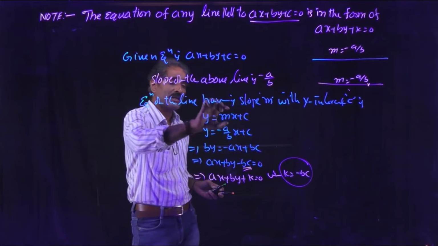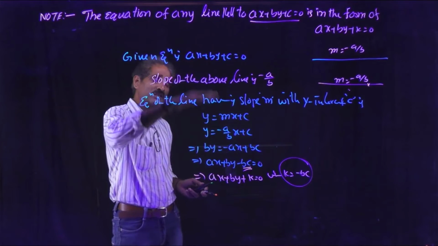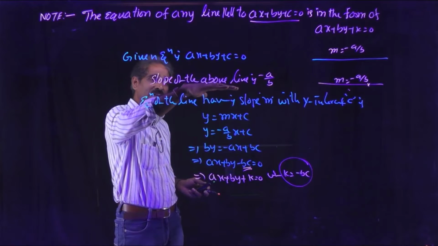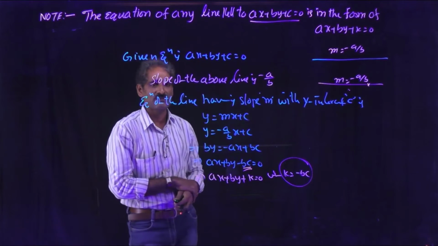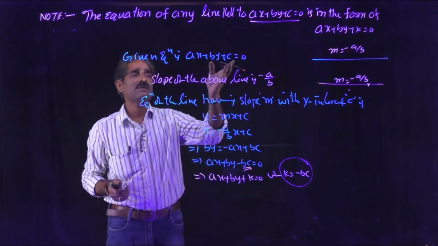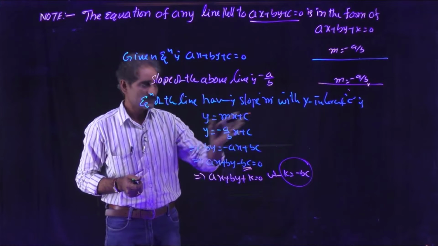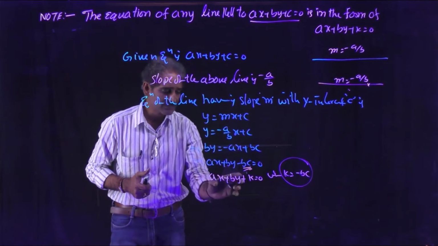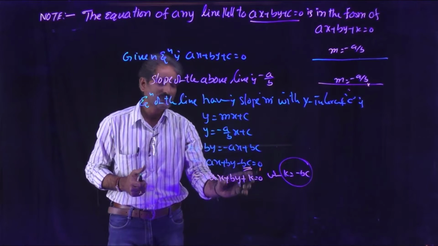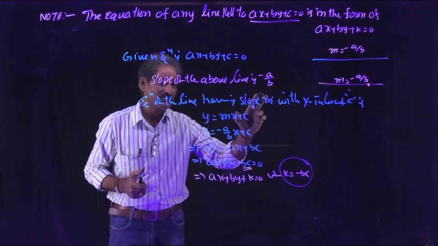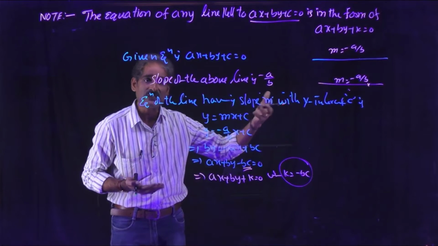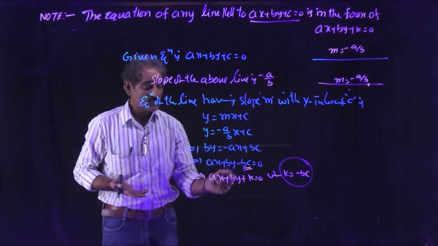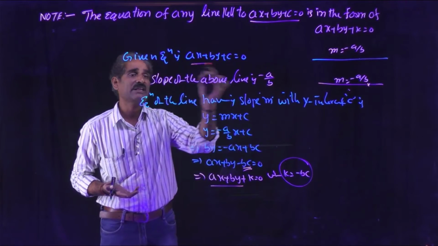Y is equal to mx plus c is the line which is parallel to the given line and having y-intercept c. Here the y-intercept of the given line is minus c by b. So this is the line parallel to the given line, and the difference is the y-intercept, even though the coefficients of x and y are the same.